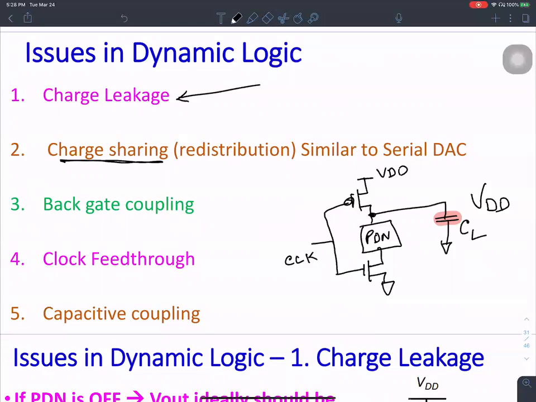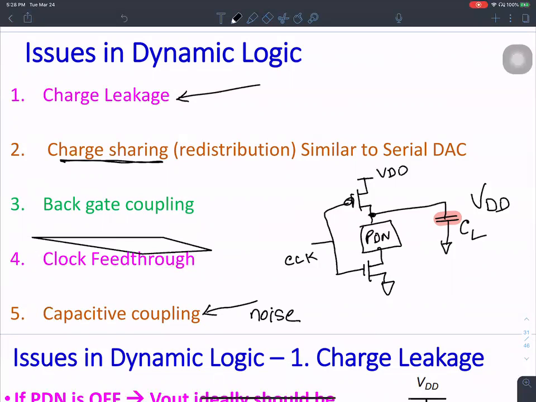And then the CL also acts as an antenna, and it receives a lot of environmental noise.